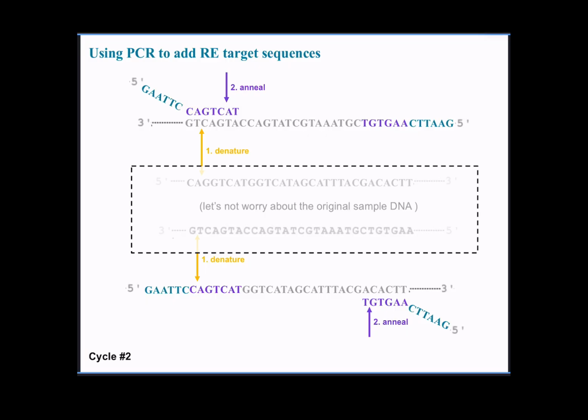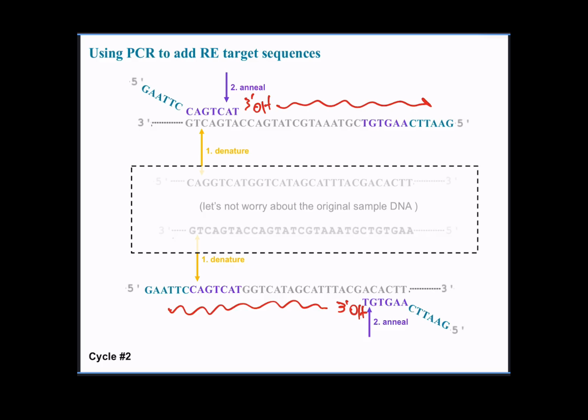In this case, there will still be some flapping of these tails. But like in cycle 1, what matters is that those 3' hydroxyls are still there, available for Taq polymerase, because then Taq polymerase can start synthesis from there.